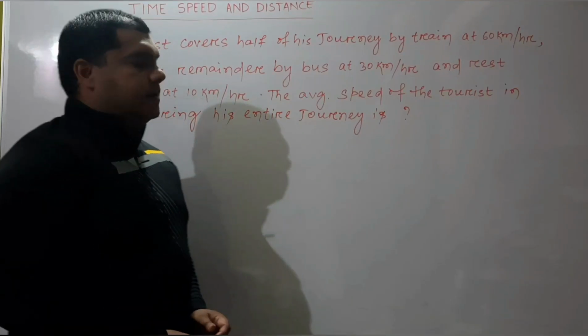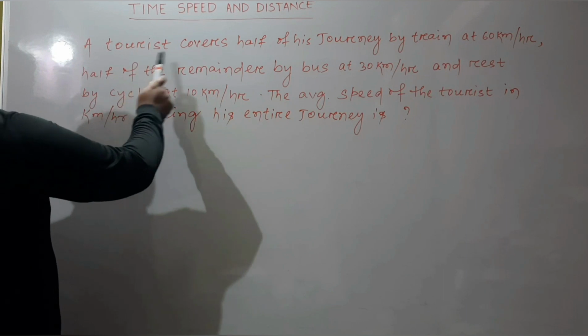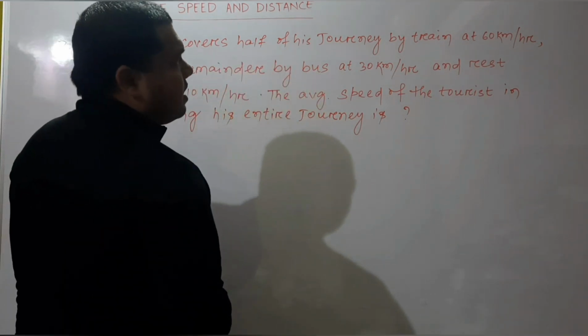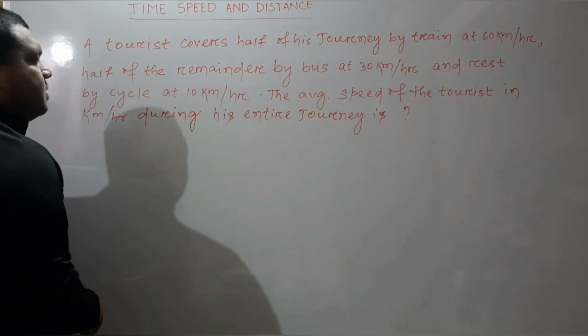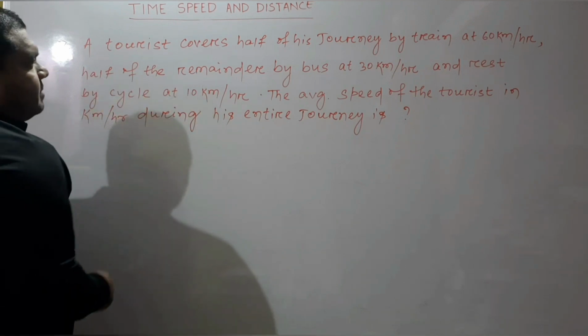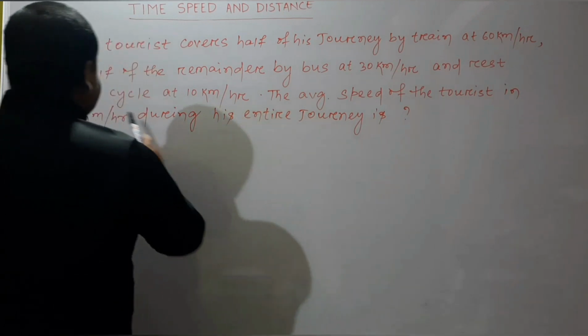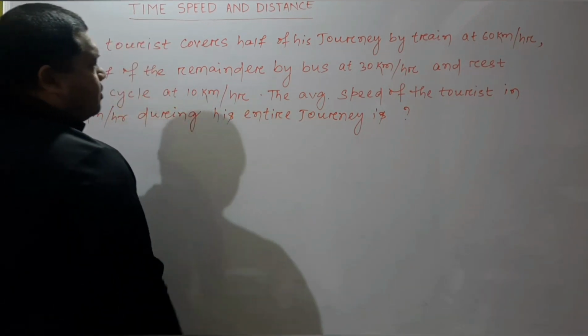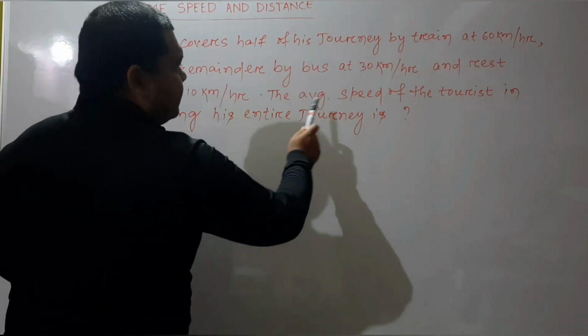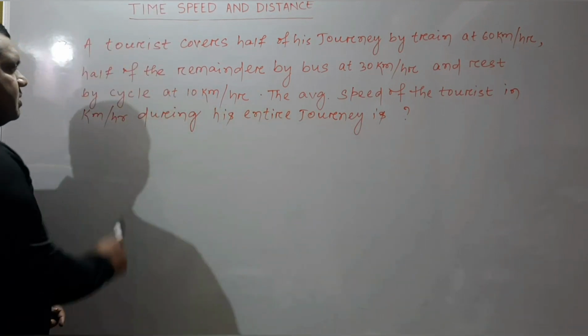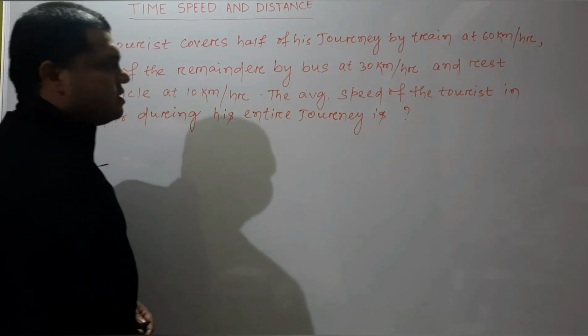Now question number 3. A tourist covers half of his journey by train at 60 km per hour, half of the remainder by bus at 30 km per hour, and the rest by cycle at 10 km per hour. The average speed of the tourist in kilometer per hour during his entire journey is how much?